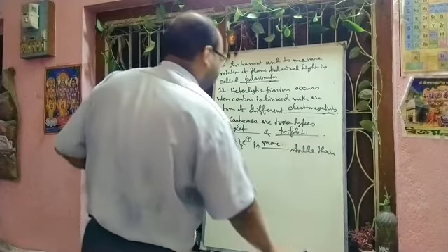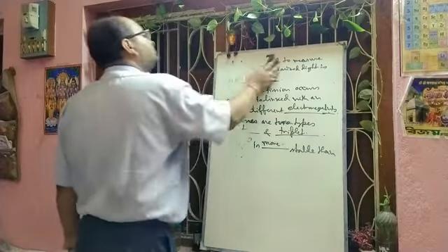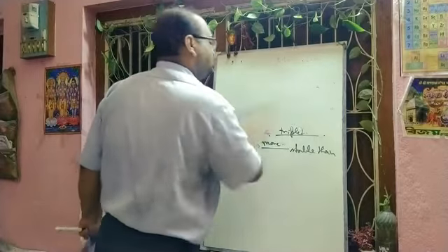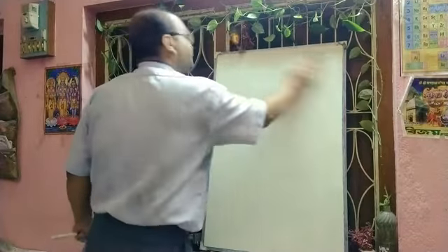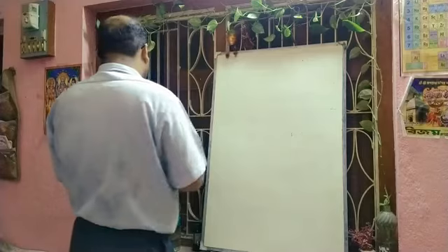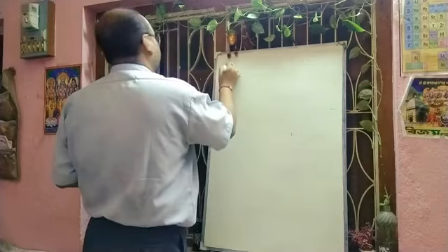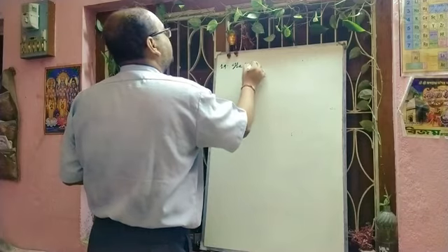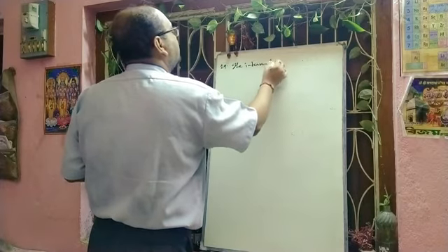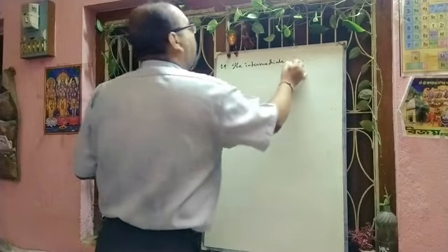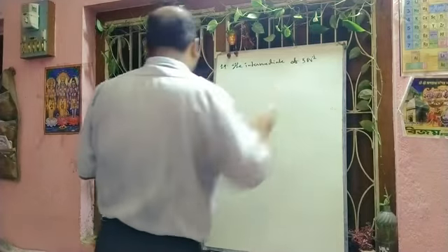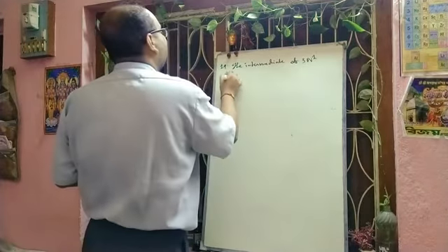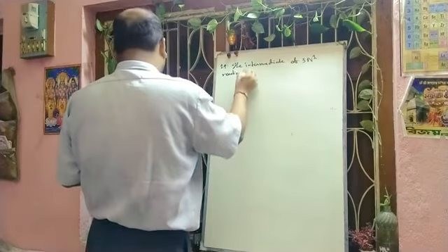Next question, question number 40. The intermediate of SN1 reaction is dash.